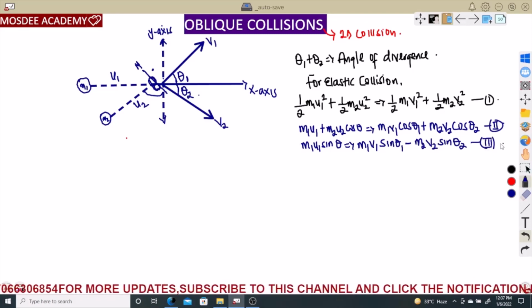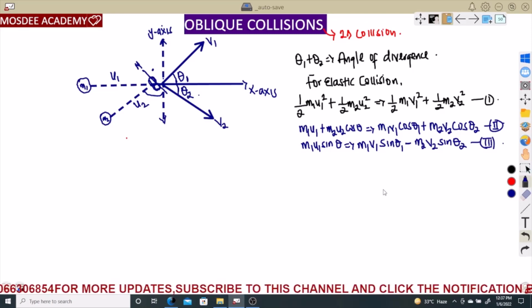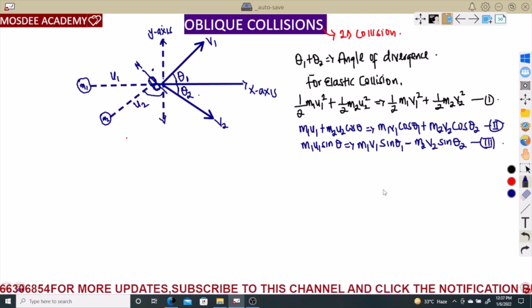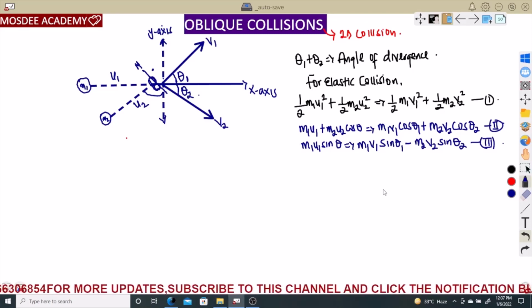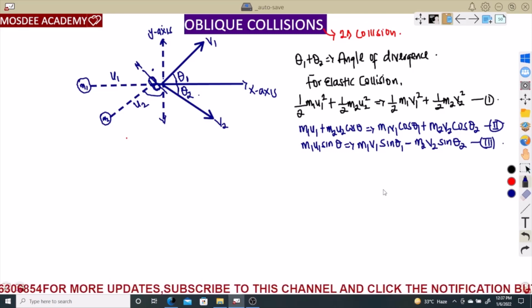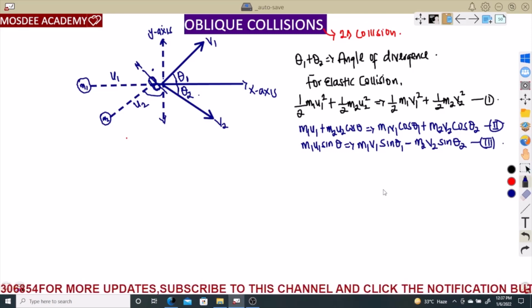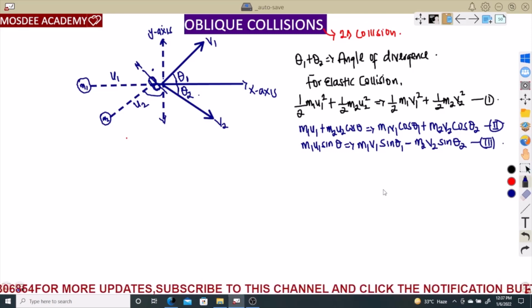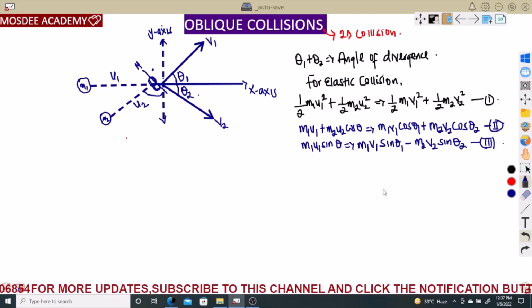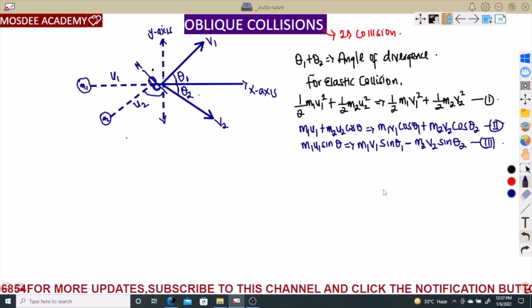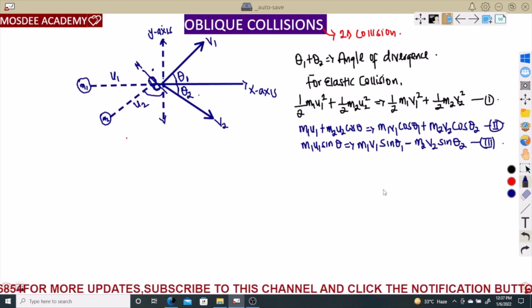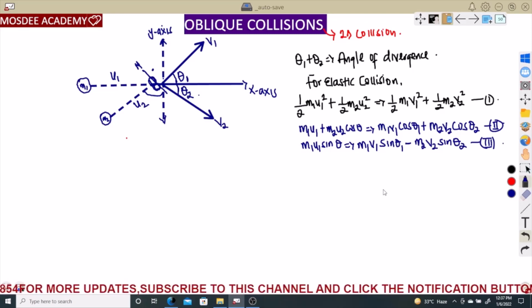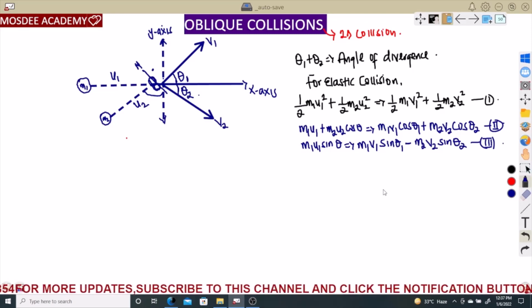So it's just resolving motion, momentum, and collision into a two-dimensional system. And if you have done that, that type of collision is called an oblique collision. So what I've done here, you can look at in the third formula, is M1 U1 sine theta, because what I did here was I resolved the second component.